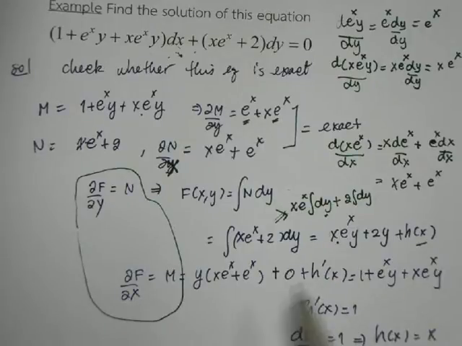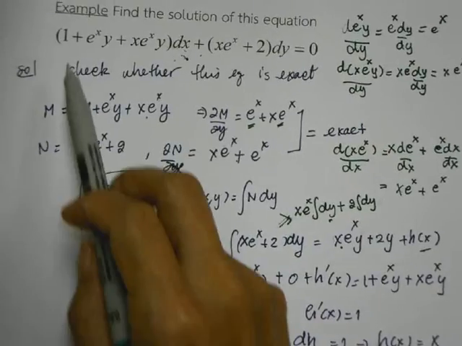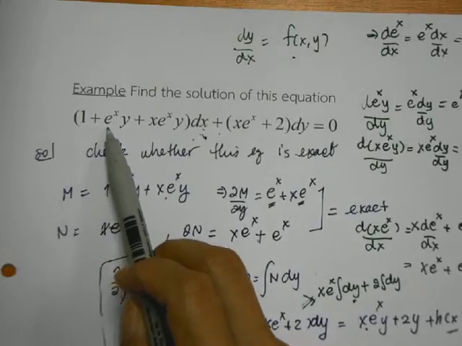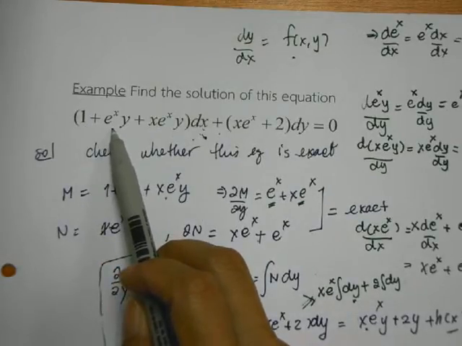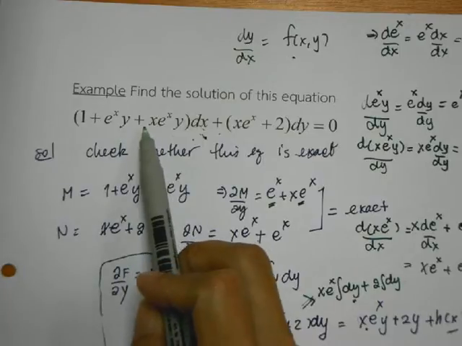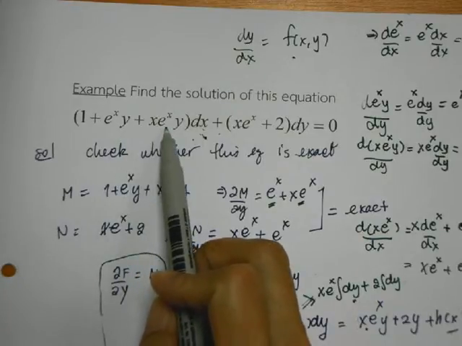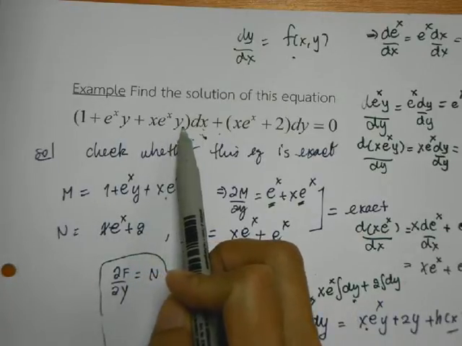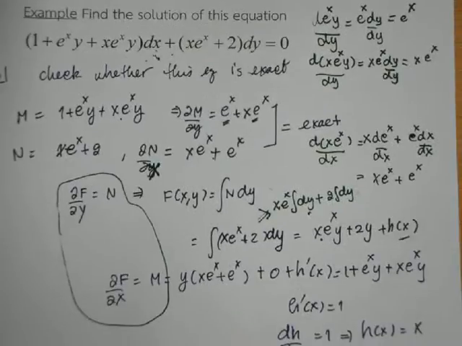This one equals M, right? df/dx equals M, and our M is equal to 1 plus exponential of x times y plus x times exponential of x times y. So just put this one in here.